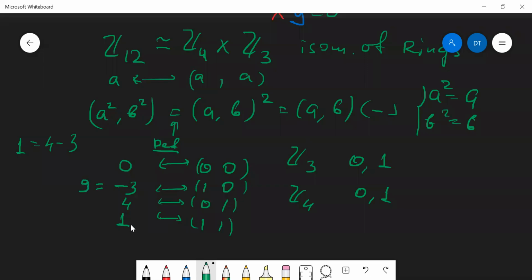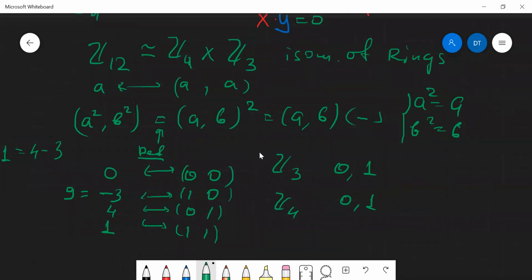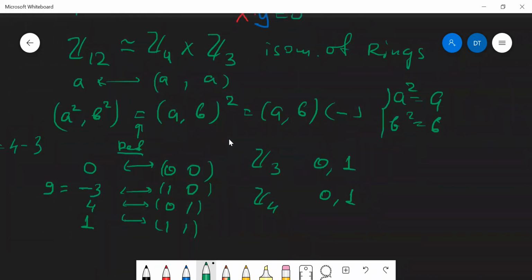So this gives you the list of all possible idempotents here. Are there any questions regarding the method I presented here? No. Okay, now I just want to give you an important remark.